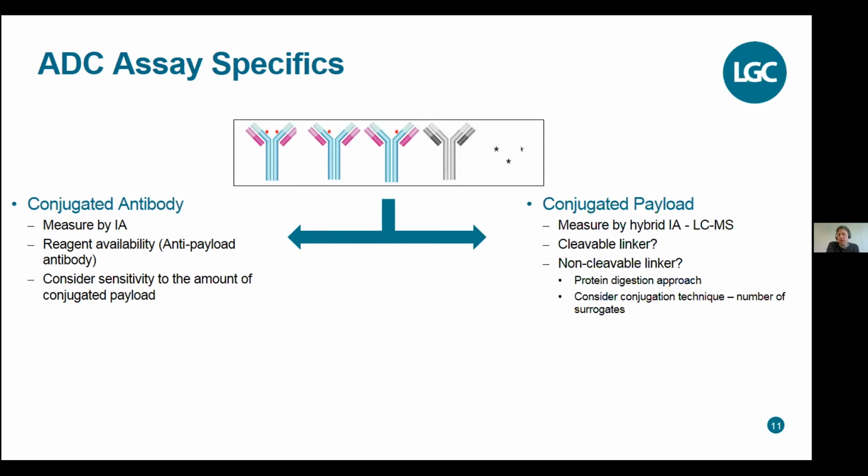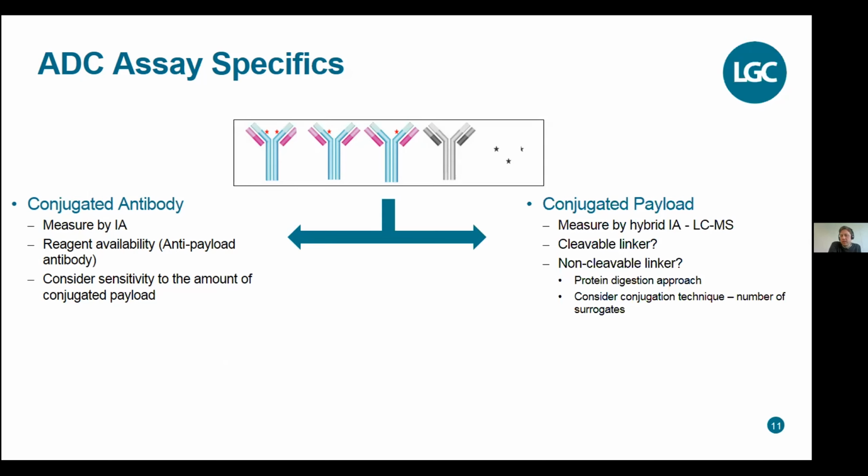We can also measure conjugated payload, and this can be done with a hybrid immunoassay LCMS approach, whereby we pull down on the antibody and then we either cleave the linker and measure the free payload, or we can perform a protein digestion and measure some form of surrogate that has the payload, linker, and peptide attached.